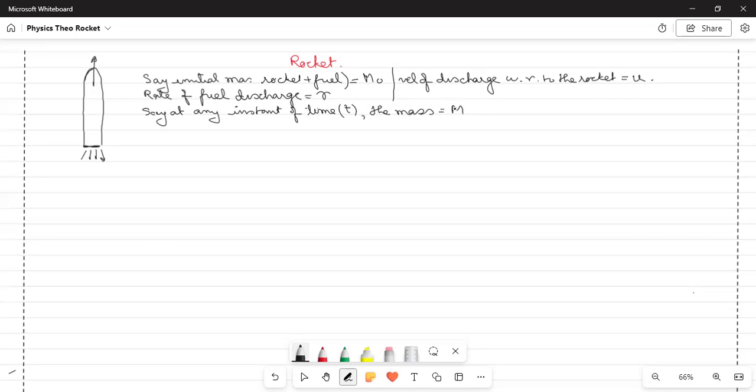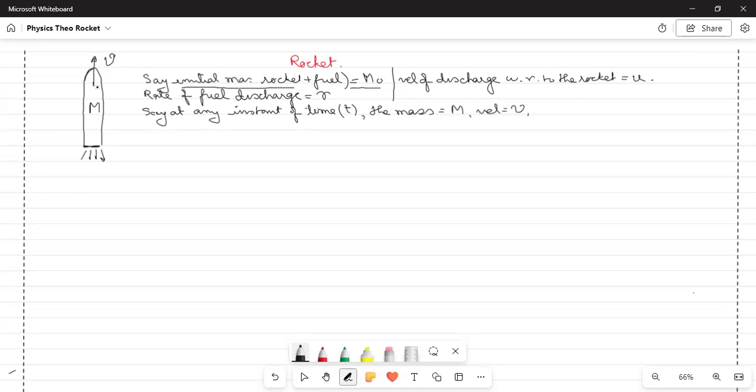At any instant, the mass is m and the velocity is equal to v. Of course, initially the mass was m0.